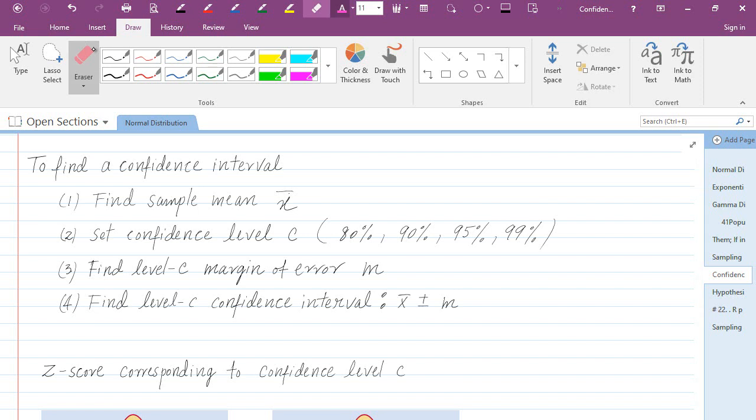Throughout my discussion, I set my confidence level at 95%, so we calculated a 95% margin of error and 95% confidence interval. But a lot of the times you can also set the confidence level to 80%, 90%, or even 99%. But 95% is basically the standard.